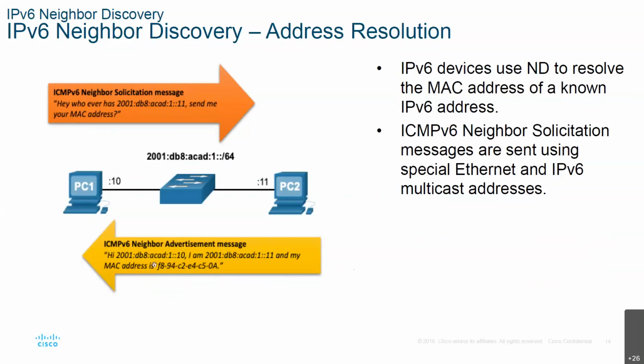And then the reply says, hey, I am .11, you are .10, and my MAC address is this. So it will update its ARP table. Okay. So that's how it works.